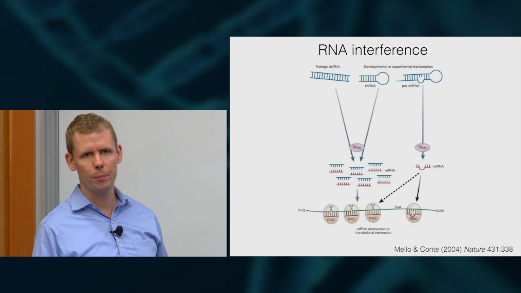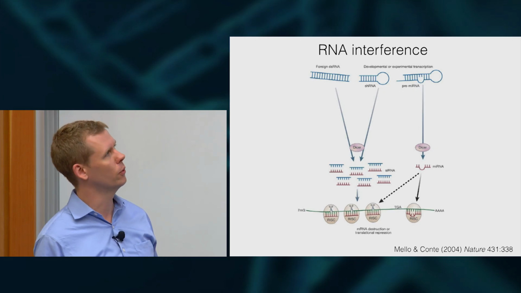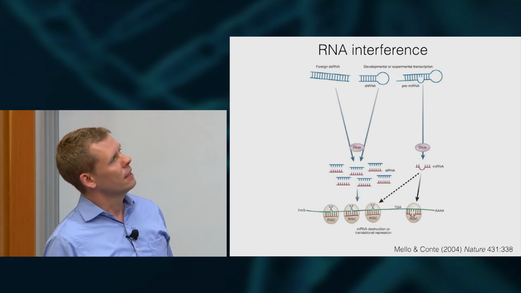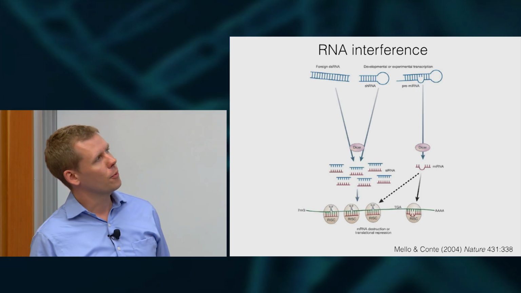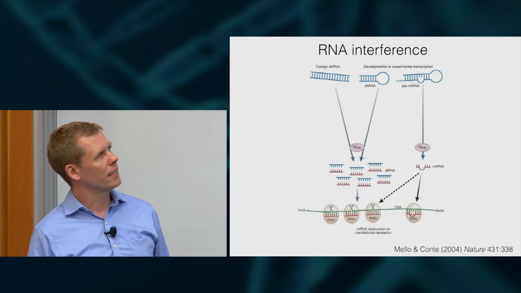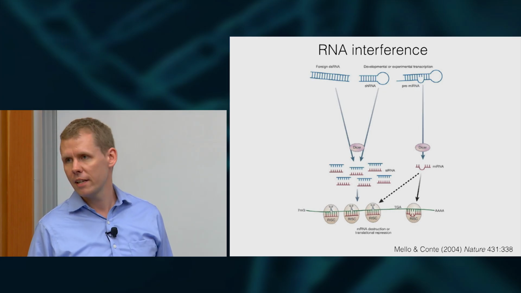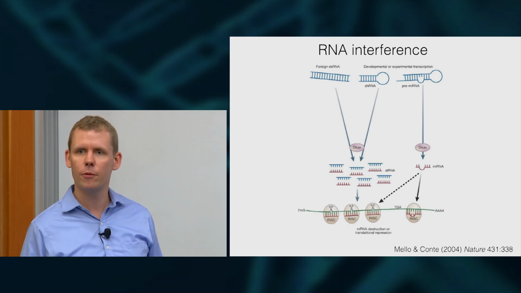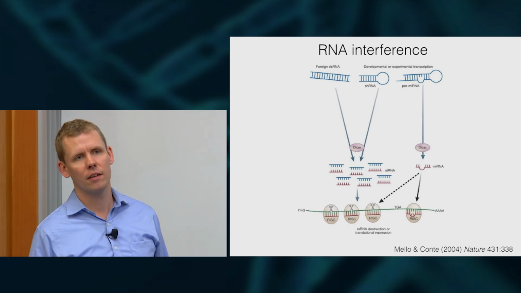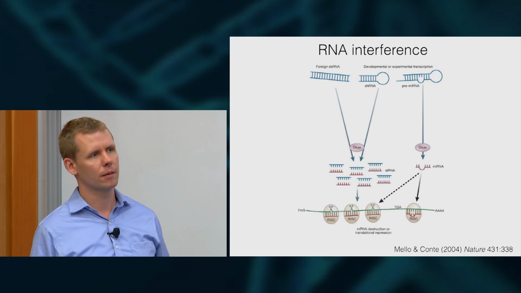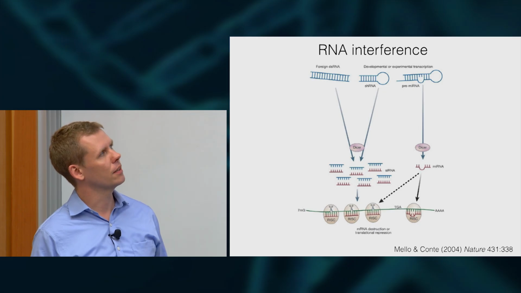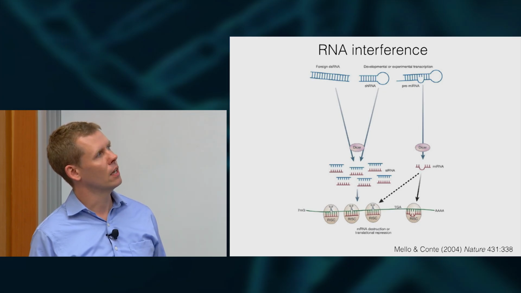Unfortunately, for the purposes of using this as a precise tool, it also acts through a second pathway that is generally not directing transcript degradation, but translational repression of the target. And this pathway only requires a very limited amount of base pairing complementarity between this short RNA molecule and the target.